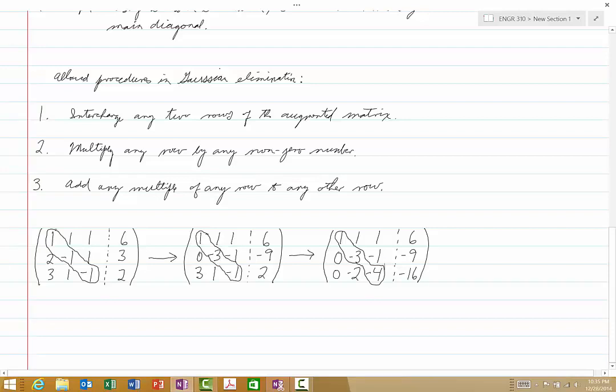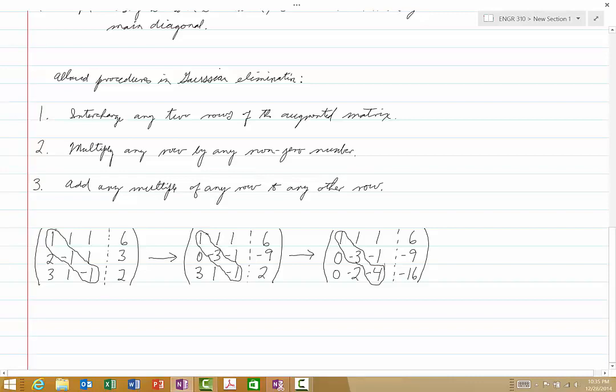So the theme here is that when you're eliminating terms in the first column, you do that by adding multiples of the first row to lower rows. When you want to eliminate terms in the second column, you do that by adding multiples of the second row to lower rows.